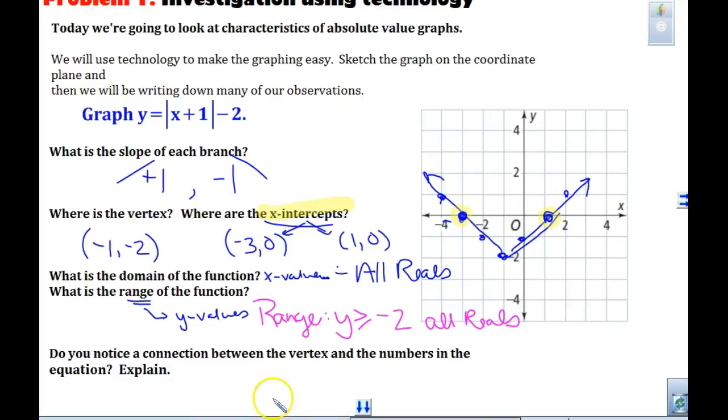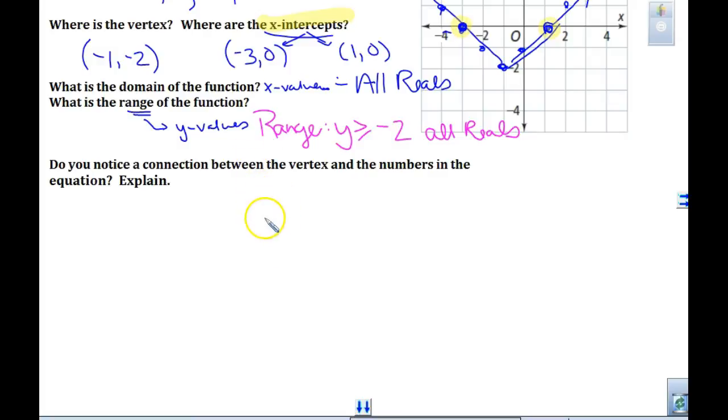Okay? And then it says, do you notice a connection between the vertex and the numbers in the equation? And this is really key to where that equation that was in your homework on 35. Y equals absolute value of x minus h plus k.